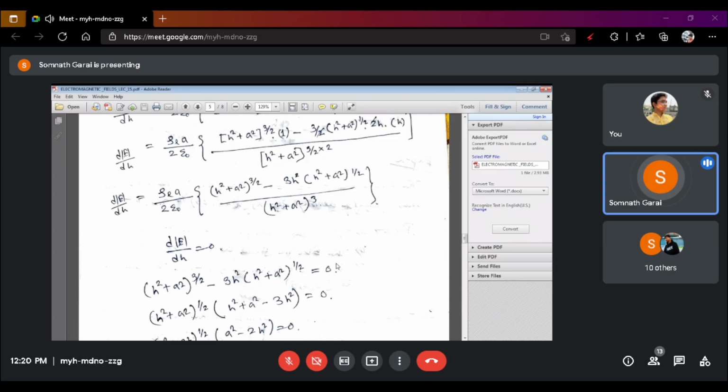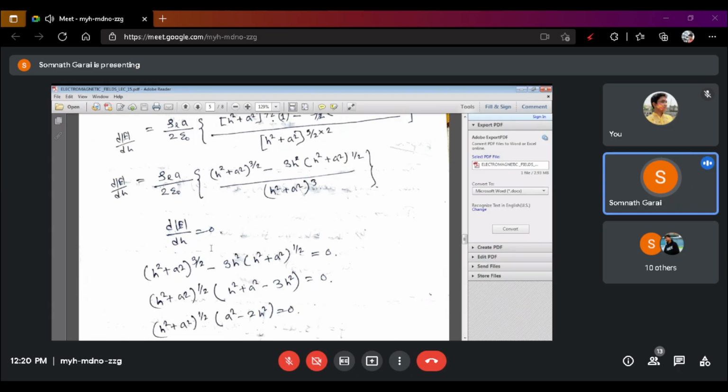Now, for the maximum value of electric field intensity, for the value of H where dE by dH is equal to 0, that part and that part is 0. Only the remaining part, (H square plus A square) to the power 3 by 2 minus 3H square into (H square plus A square) to the power half, is equal to 0.